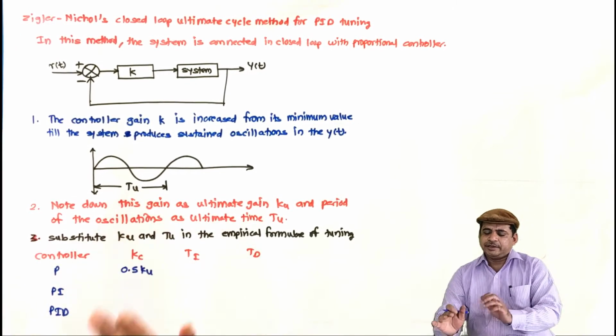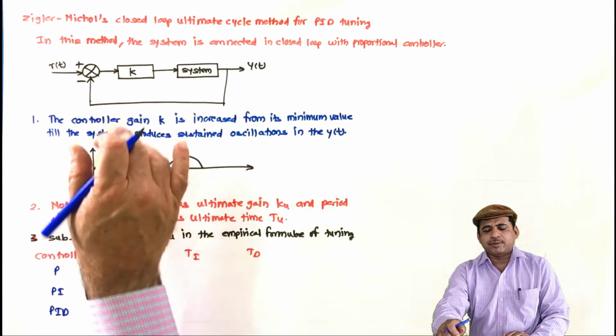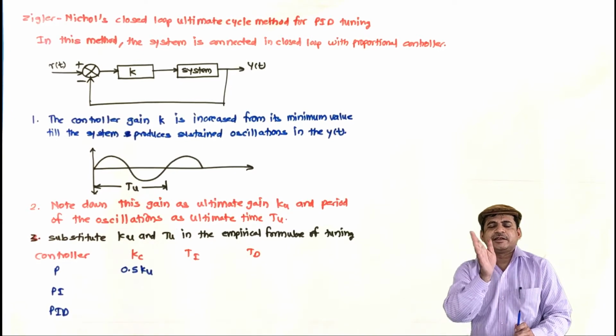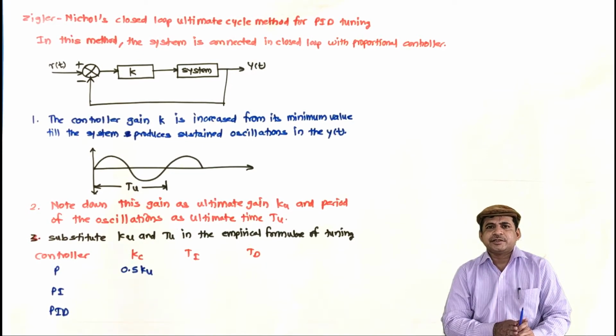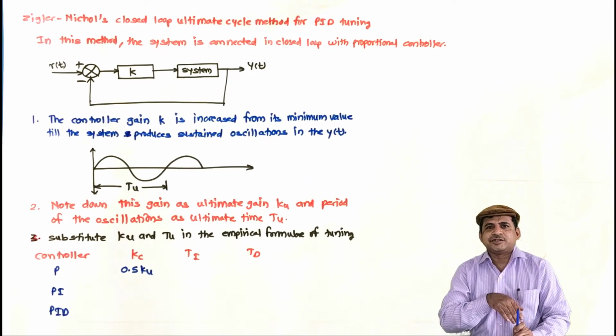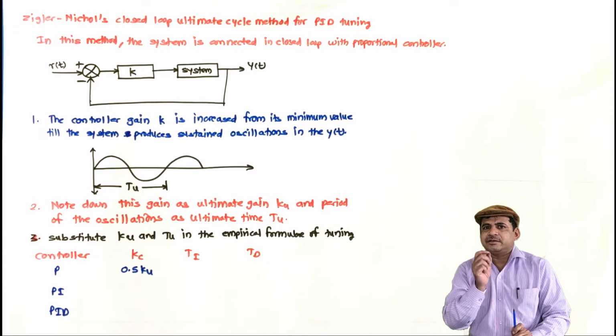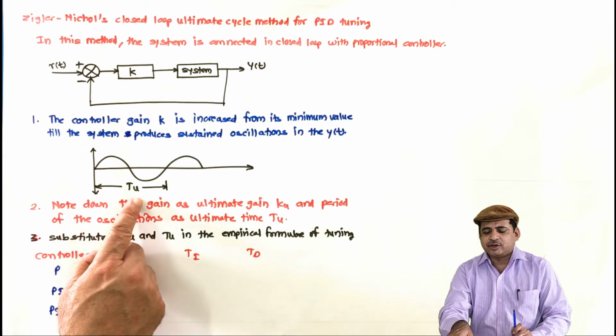So here if you look at this, we are increasing the gain K. It is like a problem of root locus. We are increasing the gain K, and at a certain stage the system crosses the imaginary axis. So when the system poles are on the imaginary axis, the system produces sustained oscillations, and that frequency of oscillation has a certain period of oscillation Tu.